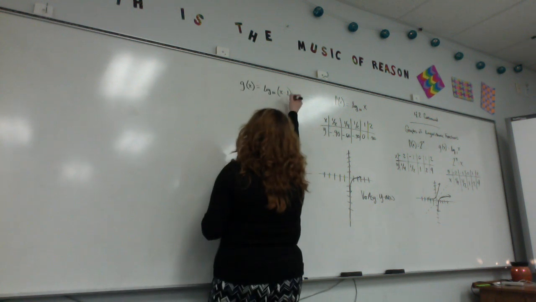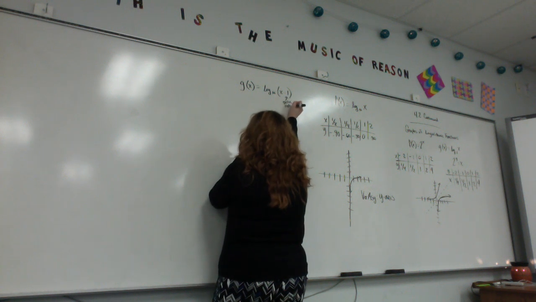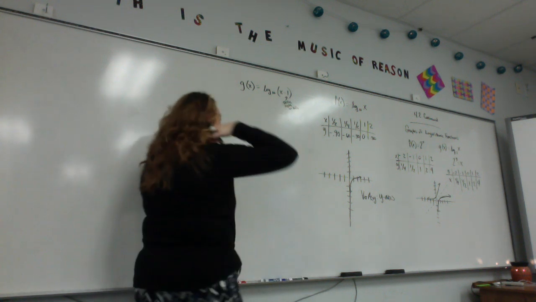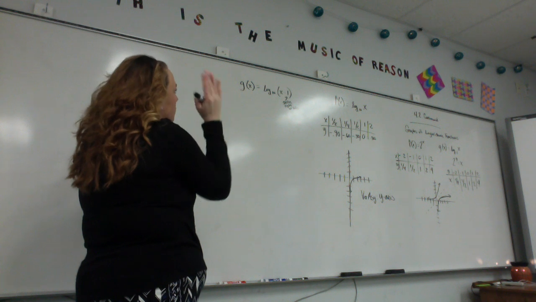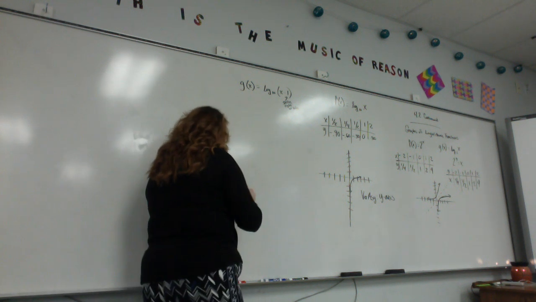When this is with the x, it shifts it to the right or left. Okay? So if it's in with the x, it's going to shift it to the right or left. It's going to do the opposite of what you think.